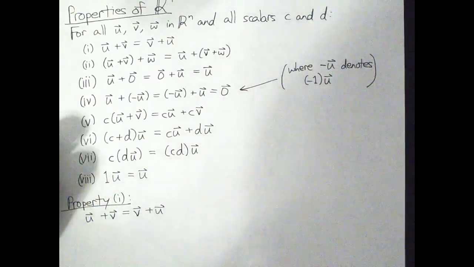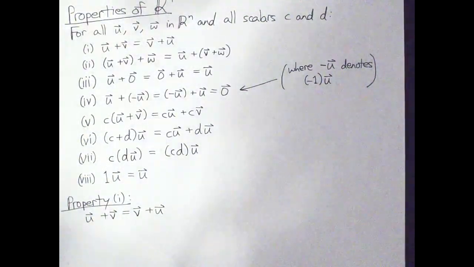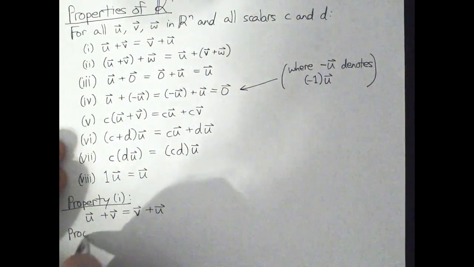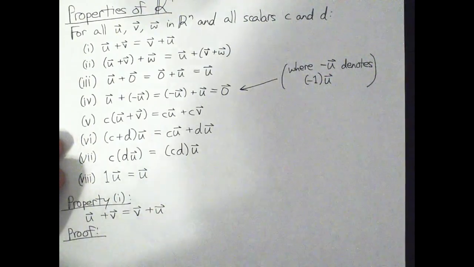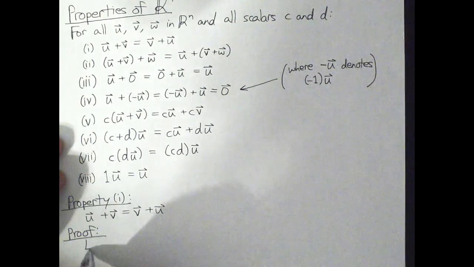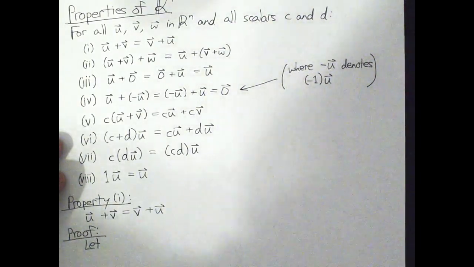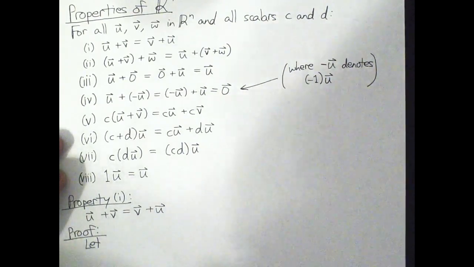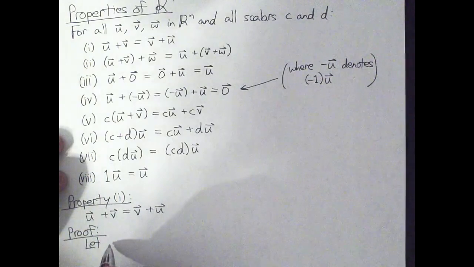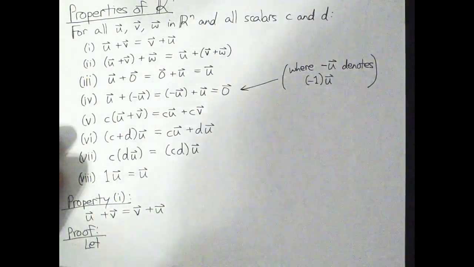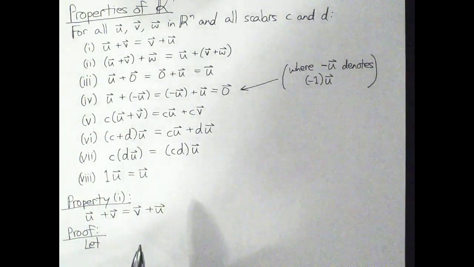We can't just say it's true because it looks true. So, proof. Let's establish what these vectors u and v consist of. Now, we could write them as column vectors, but sometimes in a proof it's more convenient to write them as coordinates.